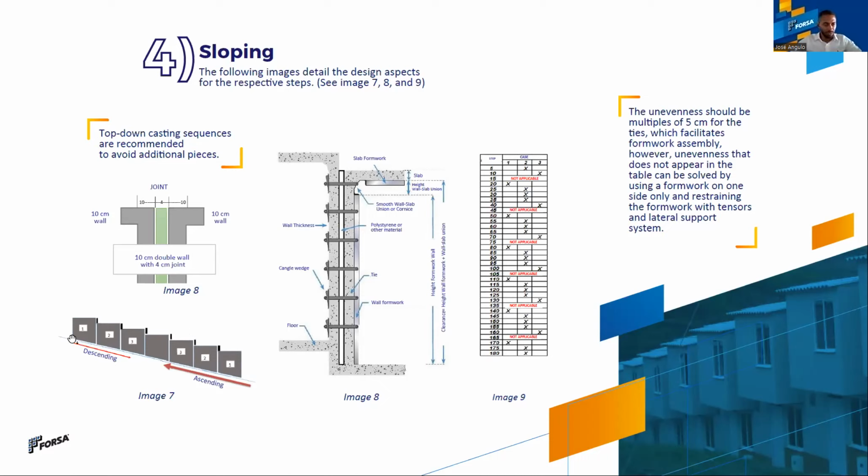However, if you go to the descending way, you will find out that there are pieces that you already use that you will use in the following one, and you are not going to find any more new pieces. So going descending is cheaper, a little bit faster, a little bit easier than going ascending. So please keep that in mind. It's going to be a little bit useful for you.